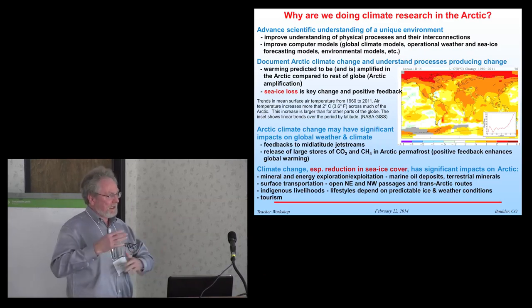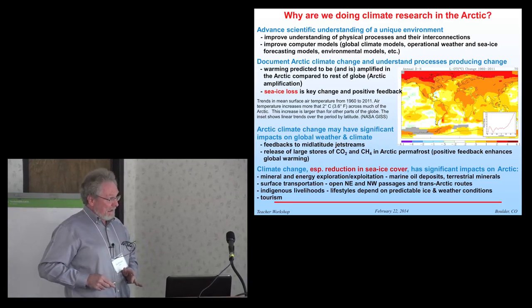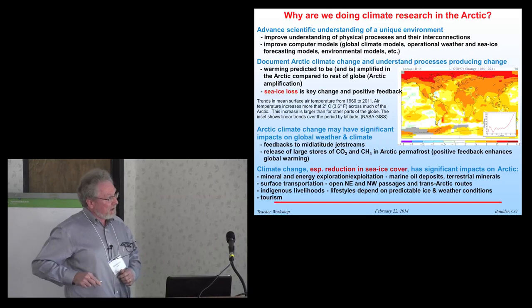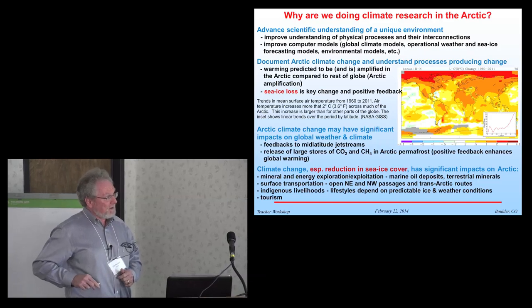It's a combination of satellite data and surface observational data, but it makes the point that if you're looking here, the Arctic region has warmed by 2 to 4 degrees since 1960. The northern hemisphere by 1 to 2 degrees. So there's a doubling, basically, at least, of the surface temperature in the Arctic over the northern hemisphere. And globally, it's more than doubled in the Arctic compared to the global changes.